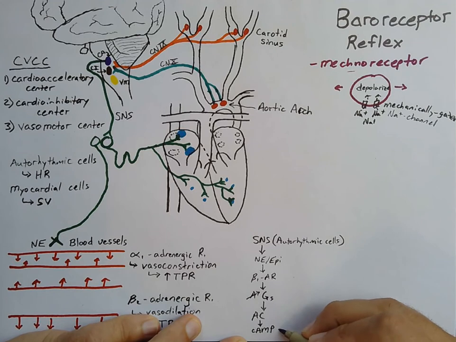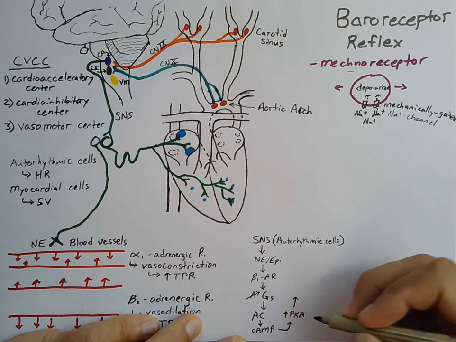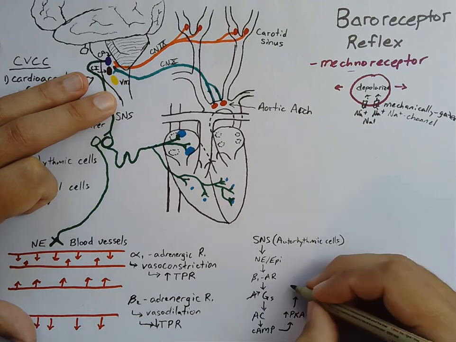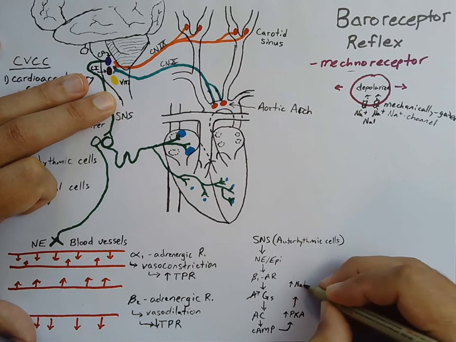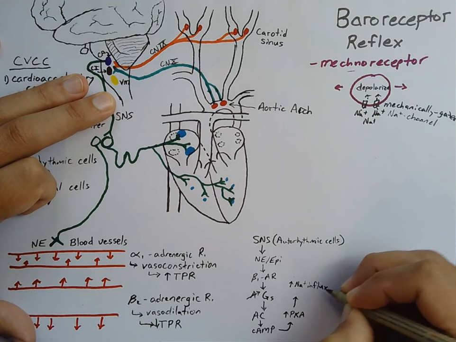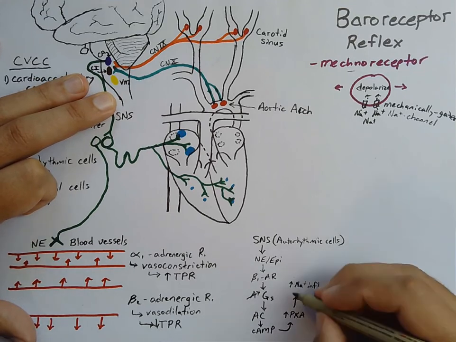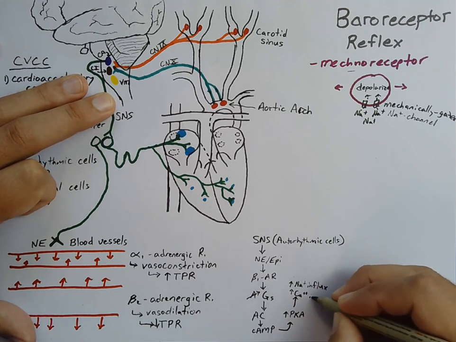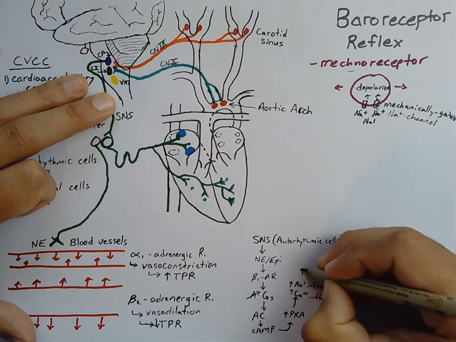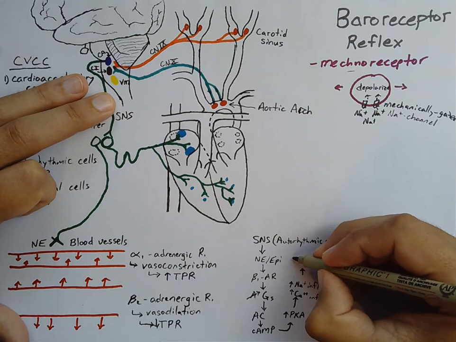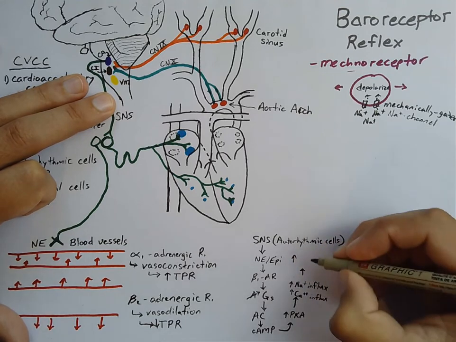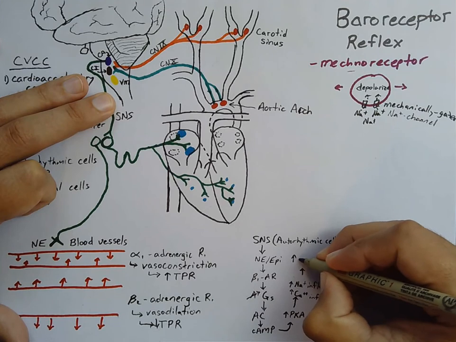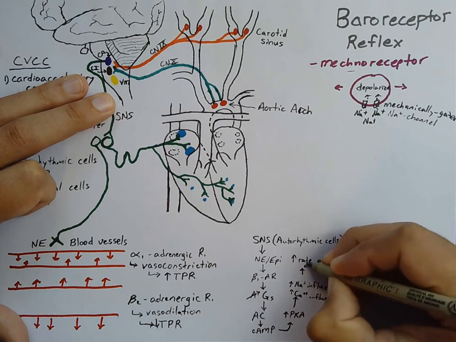And then that cyclic AMP is going to go and increase the activity of PKA, and PKA is going to go and open up funny channels. So that increases the sodium influx. And it's also going to act on the T-type and the L-type calcium channels. So now we increase calcium influx. All of which does what? All of which increases the speed of depolarization of autorhythmic cells. So it increases the rate of depolarization.